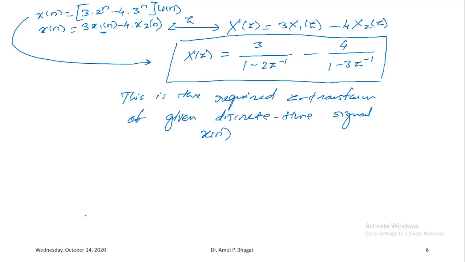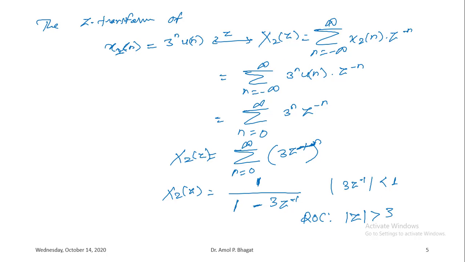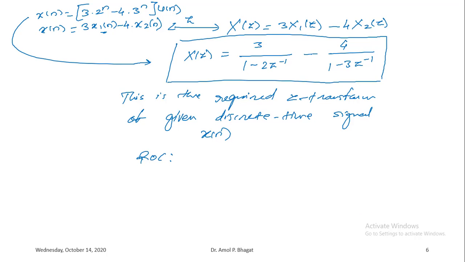And its ROC will be, because for the first term the ROC, as we have identified here, is mod z greater than 2, and for the second term the ROC is mod z greater than 3, but we are taking the combination of it. So if you take the intersection of mod z greater than 2 and mod z greater than 3, the overall ROC will be mod z greater than 3. So this is the required ROC.